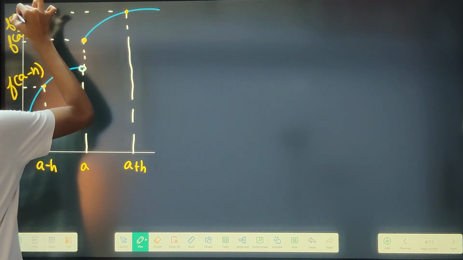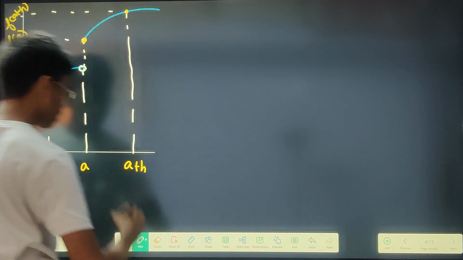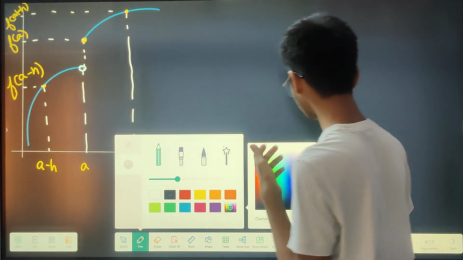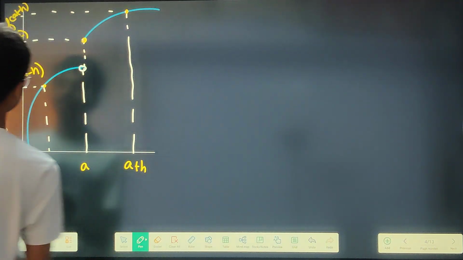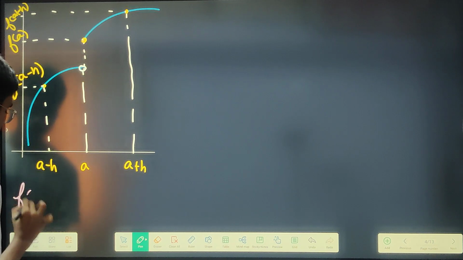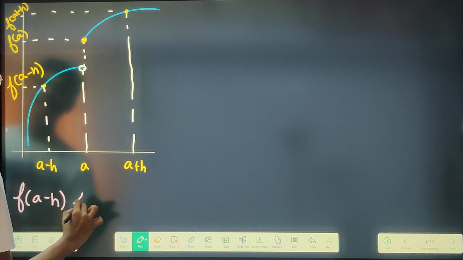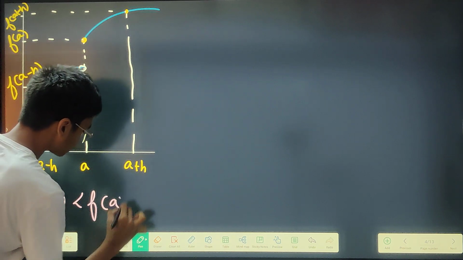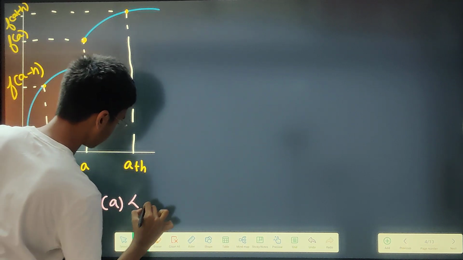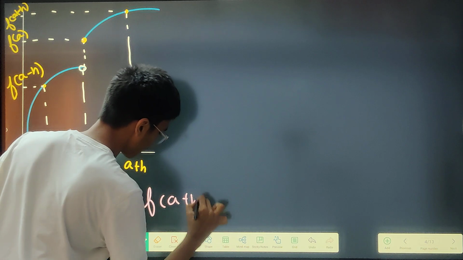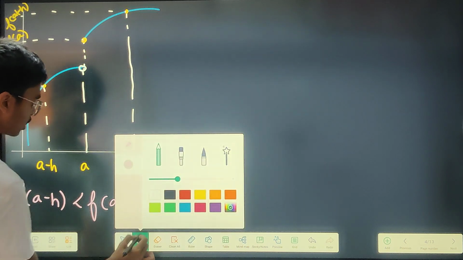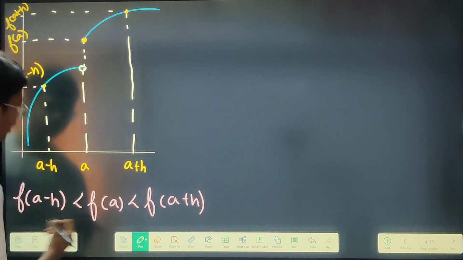This will be a plus h. So now f of a minus h is actually less than f of a, which is also less than f of a plus h. So now hereby you can say it as strictly increasing.